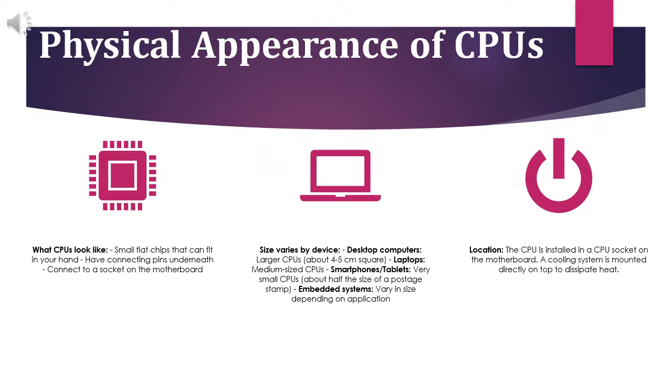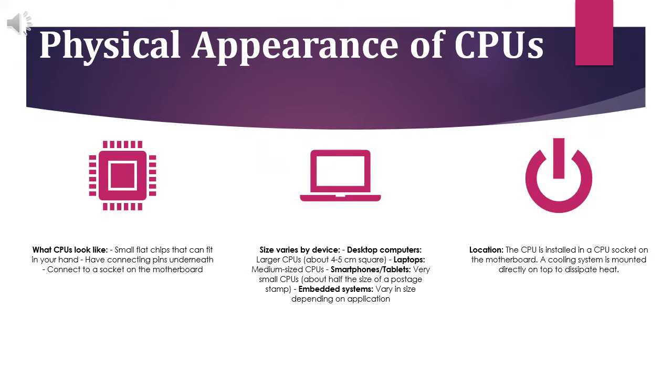The size of a CPU depends on the device it is built for. In a desktop computer, they are about 4 to 5 centimeters square. Laptop CPUs are slightly smaller to save space, while the processors in your smartphone or tablets are tiny, often about half the size of a postage stamp.